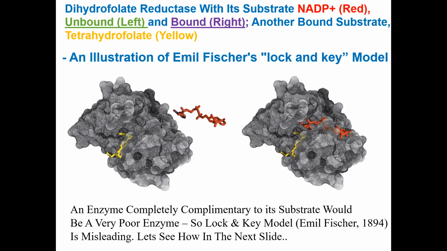But you have already seen, right, that for a ligand to be able to bind to a protein, perfect complementarity is not something that is often seen. It's rarely seen, in fact.